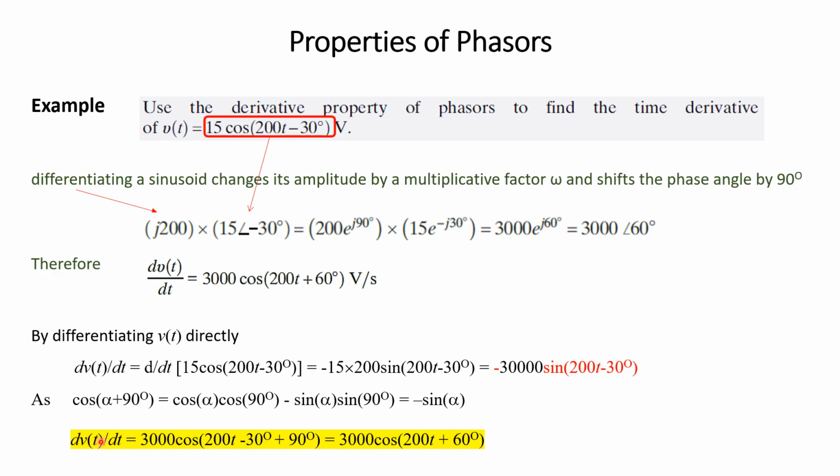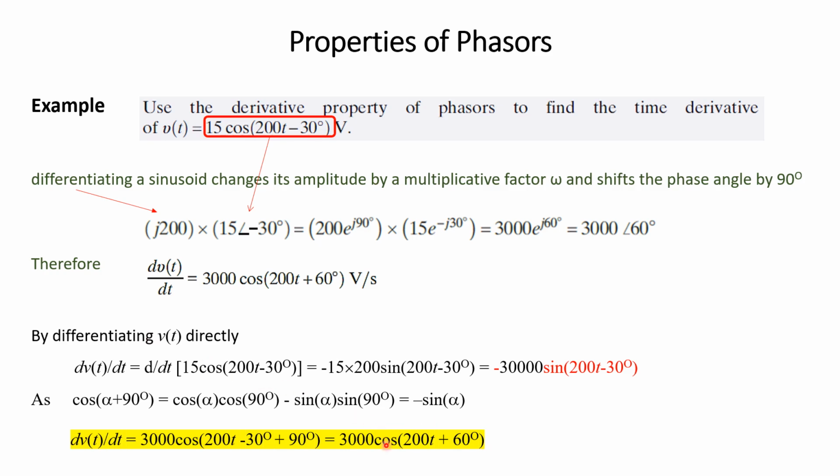Here dV by dt is 3000, and minus sine 200t minus 30 is represented in cosine as plus cosine of 200t minus 30 plus 90 degrees, and this is the overall result of this differentiation.